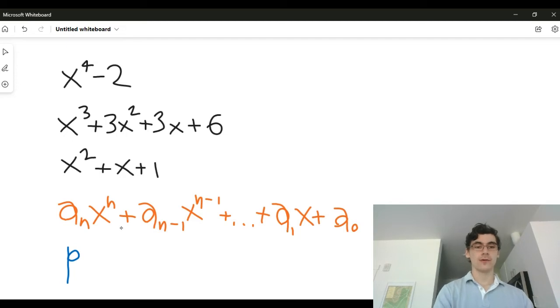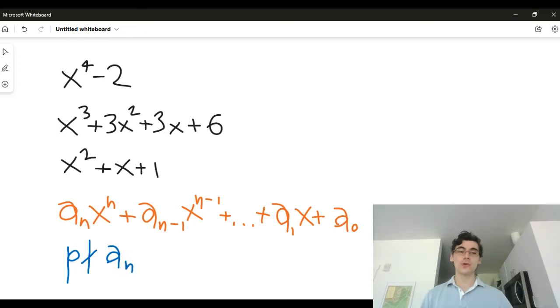Okay, so I'm going to assume that I have a prime number p such that, first of all, p does not divide a_n. If you're dealing with a monic polynomial, all of the polynomials that we're dealing with here are monic, so their leading coefficient is just 1. And so if you want to apply Eisenstein's criterion to polynomials like this, you really don't need to worry about this first condition.